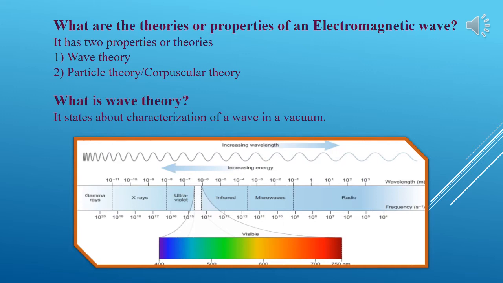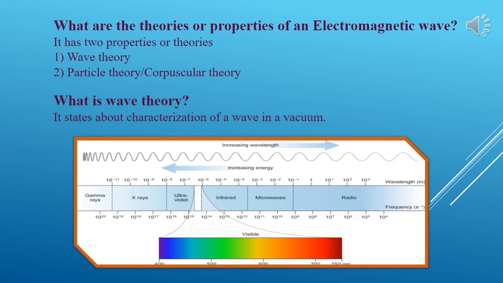An electromagnetic wave has two properties or theories. One is wave theory, another one is particle theory or corpuscular theory. What is wave theory? It states about characterization of a wave in a vacuum. You can observe the picture for how wave theory works for electromagnetic radiation.